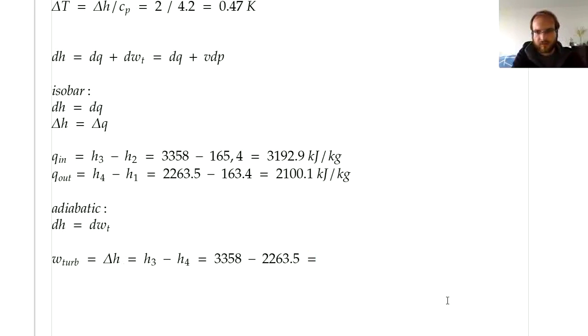As a result, we will get 1094.7 kilojoules per kilogram.